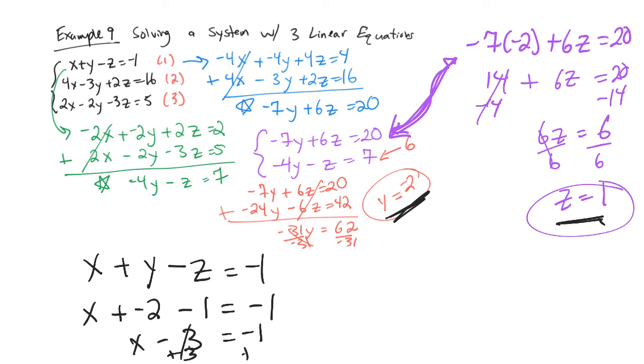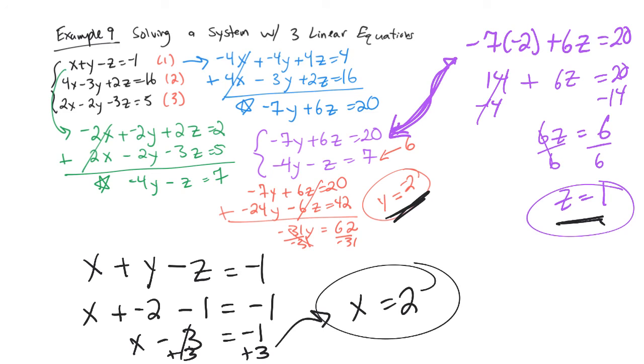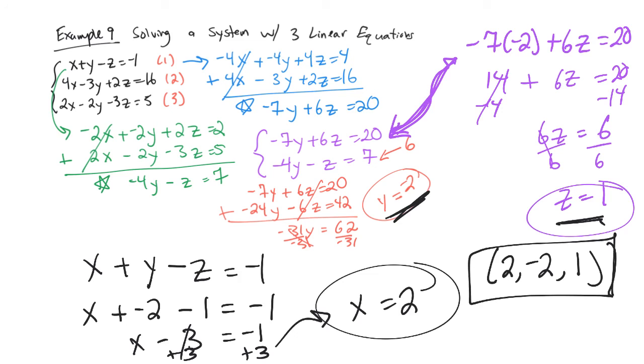Add 3, x equals 2. So our three values, or our ordered pair, but in this case an ordered triple, x, y, z. Or you can write it as x equals, y equals, z equals.